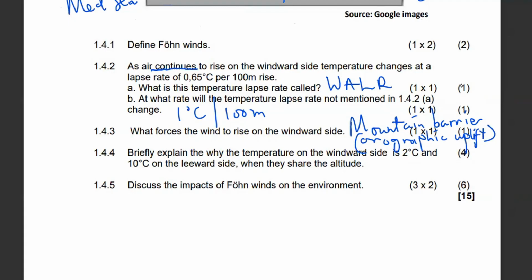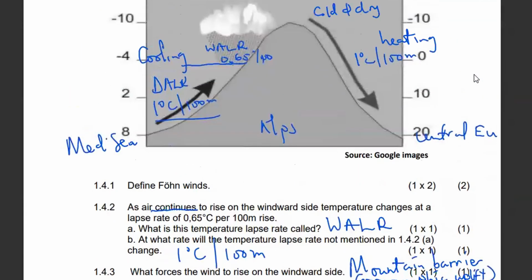Right. Briefly explain why the temperature on the windward side is 2 degrees Celsius and 10 degrees on the leeward. At this altitude here, if we continue this line, it can perfectly meet 10 here. So here we are seeing 2 degrees Celsius, and here is 10, but it's the same altitude, the same height.